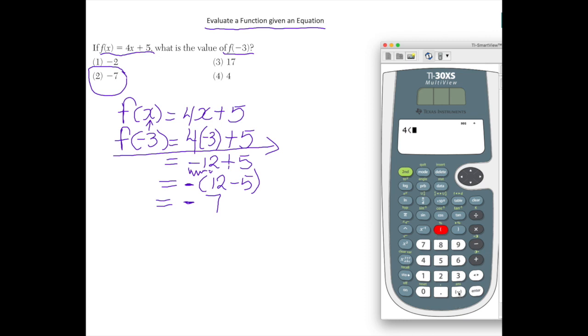So this is your negative sign. We want a negative 3. We're going to close the parentheses. We're going to then add 5. And notice that this looks just like what we wrote here. And now we're going to hit enter. And your answer is negative 7, just as when we did it manually.